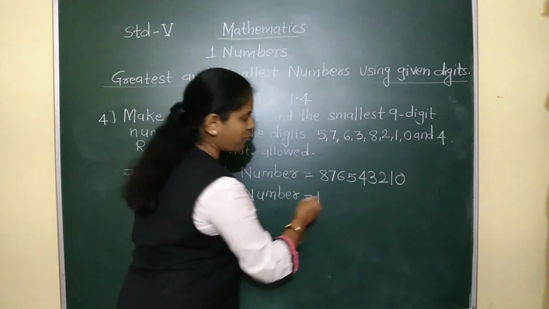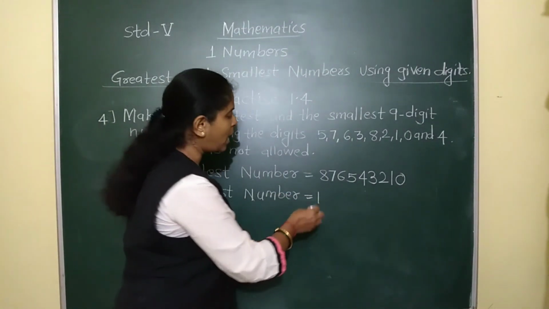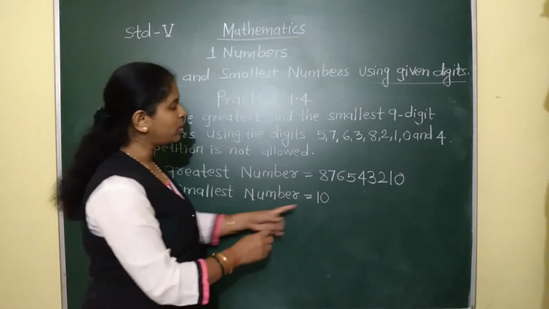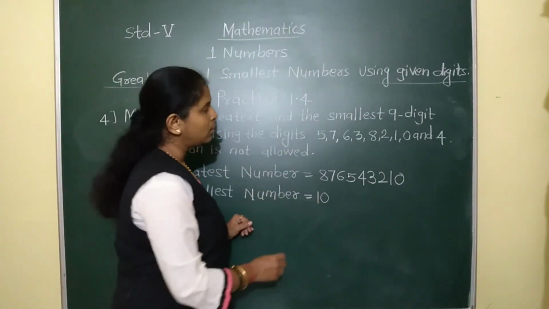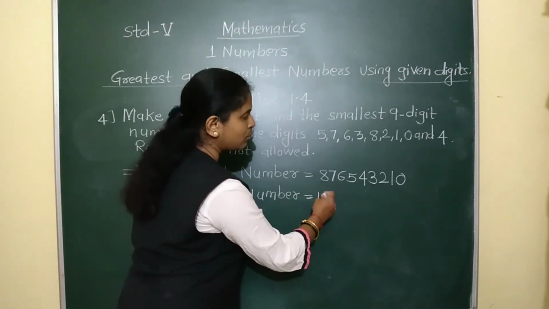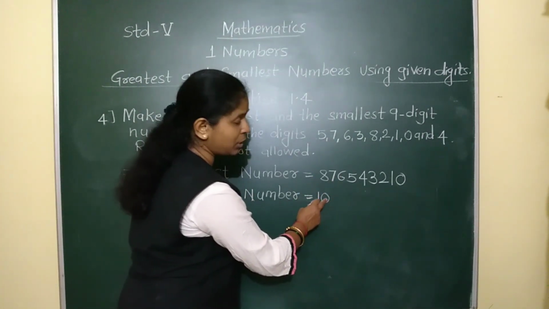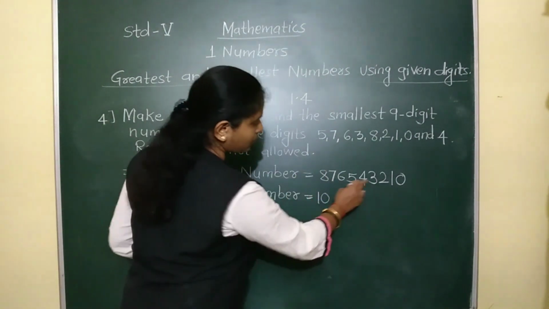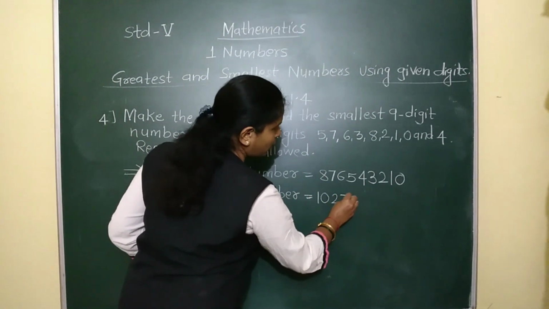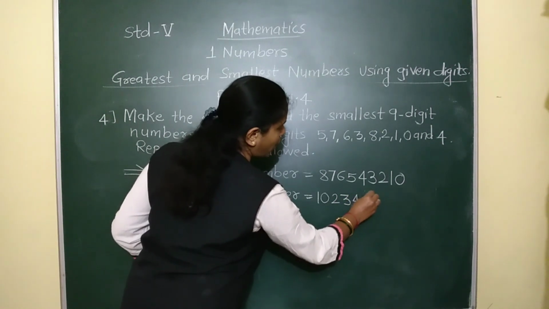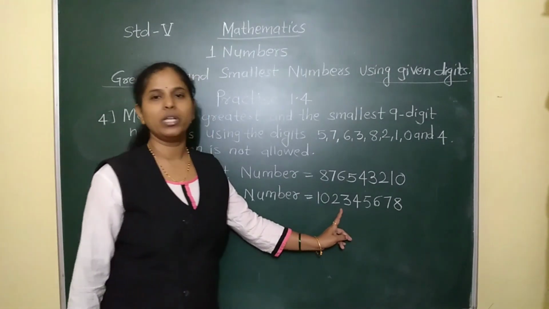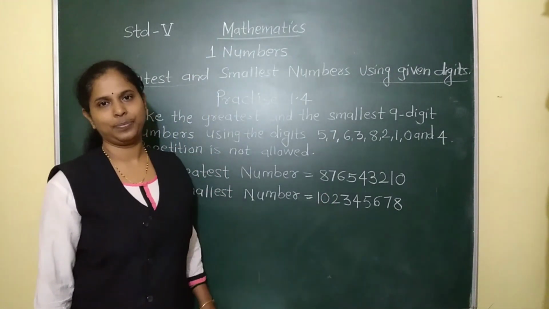So that we will write first, and after that at second place we have to write 0. Okay, don't write 0 in the beginning, and then you will have to arrange the digits in ascending order. After that what will come? 2, then 3, 4, 5, 6, 7 and 8. So this is the smallest 9-digit number.